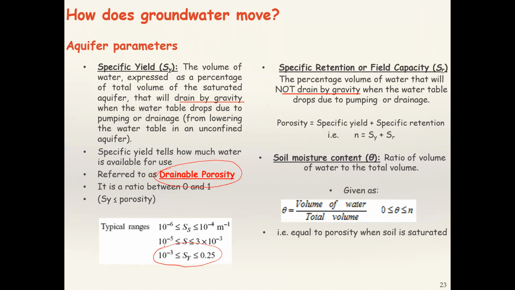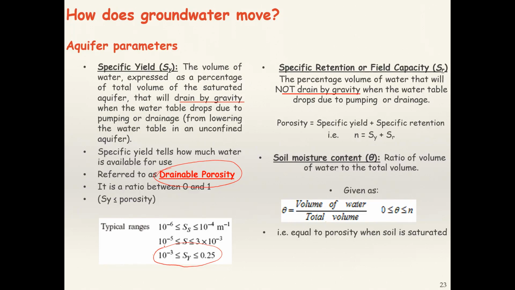Then the specific retention is the percentage volume of water that will not drain by gravity. Even if you put the cloth in your washing machine, you cannot drain all the water out, right? So that is why you put it out, so the wet cloth can get dry.